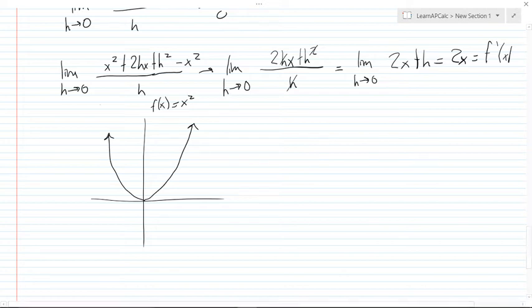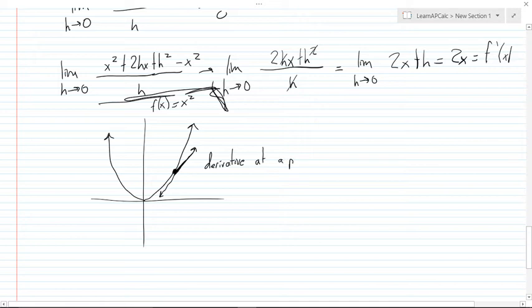So here we have our f of x equals x squared. And if we think about what a derivative is, really it's the slope at some point. So if we have some point here, our derivative is going to be the tangent line. So the derivative at a point is the tangent line.